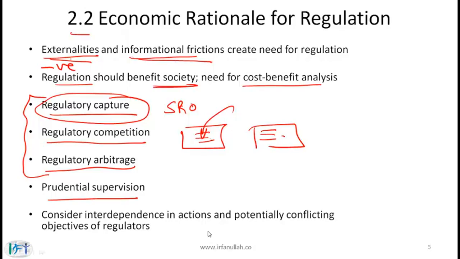So both from a regulator perspective, as well as an analyst who is analyzing the impact of regulations, one needs to consider the interdependence and the potentially conflicting objectives of regulators.